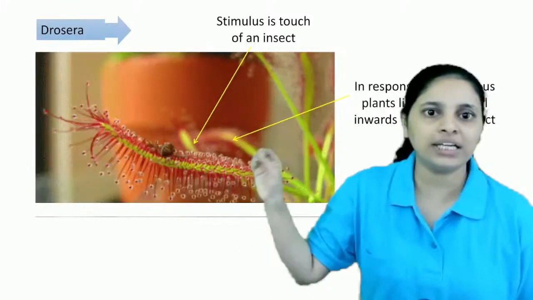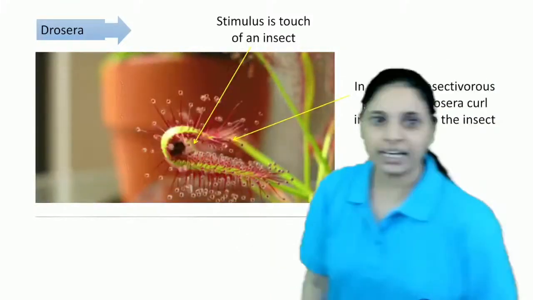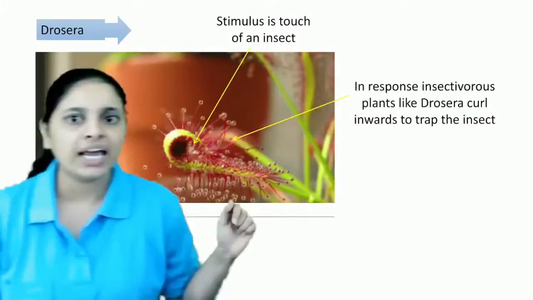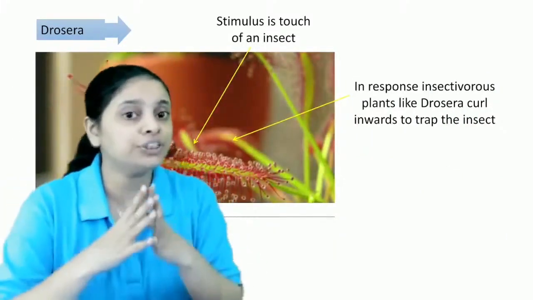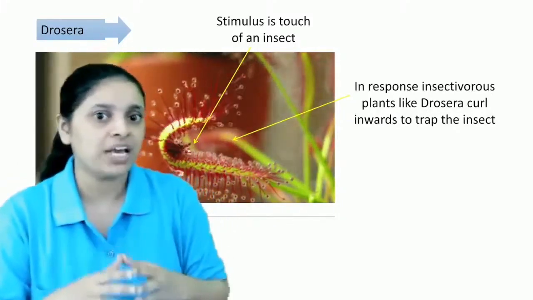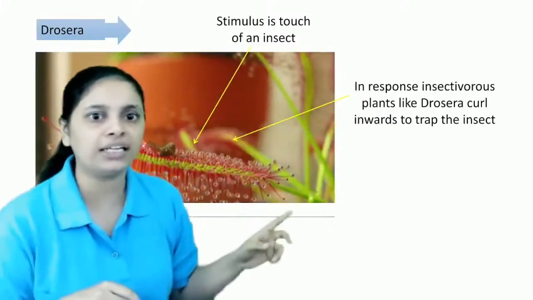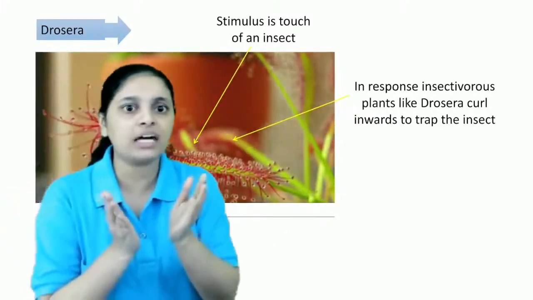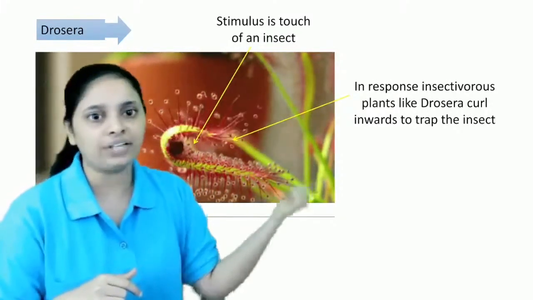As soon as the insect sits here, we can see it gets trapped. सही है? तो यहाँ पे response क्या है? In the Drosera plant, which is an insectivorous plant, this plant traps insect. Stimulus is touch and the response of the plant is that the Drosera curls up. As it curls up, the insect will be trapped.